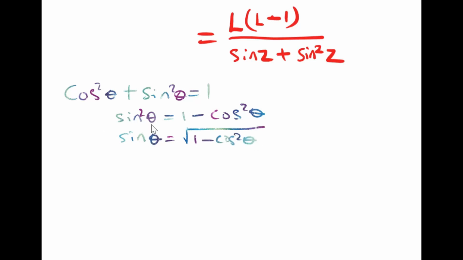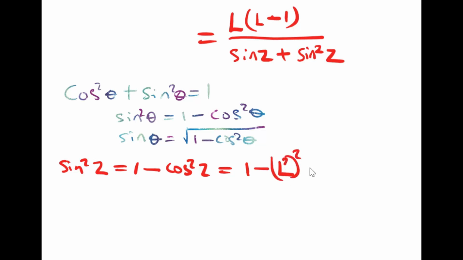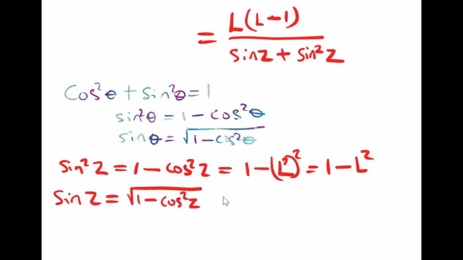Using these, we can say that sin square z is the same thing as 1 minus cos square z, which is 1 minus L square, and sin z is equal to the square root of 1 minus cos square z, which is the square root of 1 minus L square.